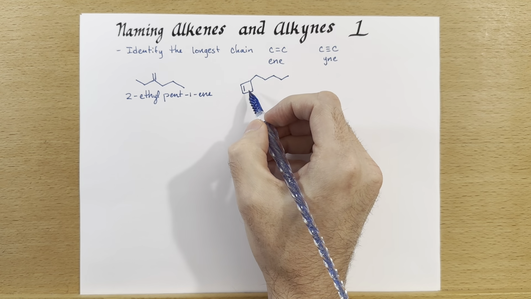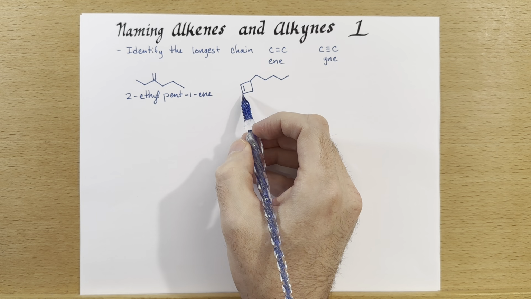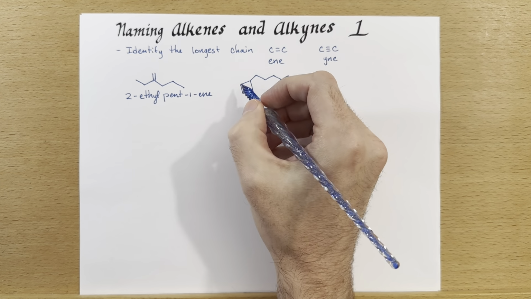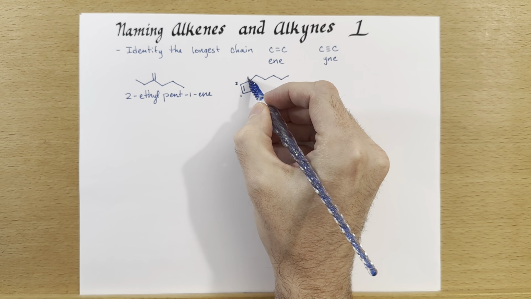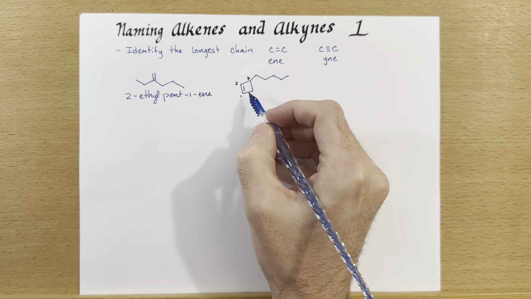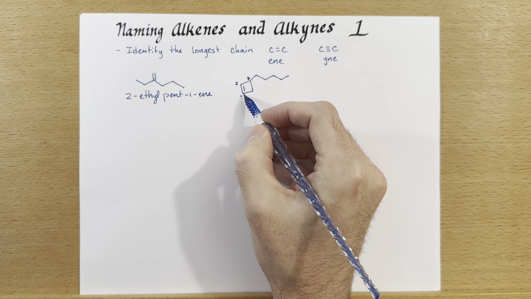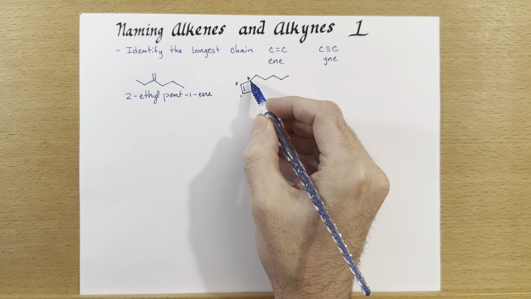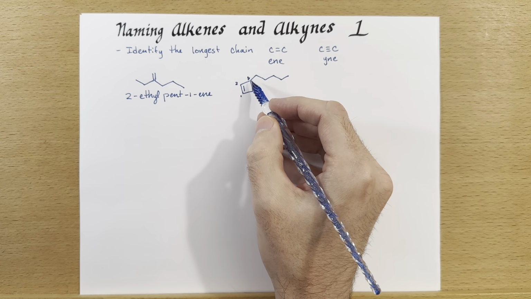So we'll start counting, and since it's inside a ring, we always number the carbons 1 and 2, the lowest they can be. So this will be carbon number 1. This will be carbon number 2. This will be carbon number 3. We could start numbering this as carbon number 1. That is carbon number 2, then this one would be 3, that one would be 4, and that would make this a higher number, so we go around the circle this way.